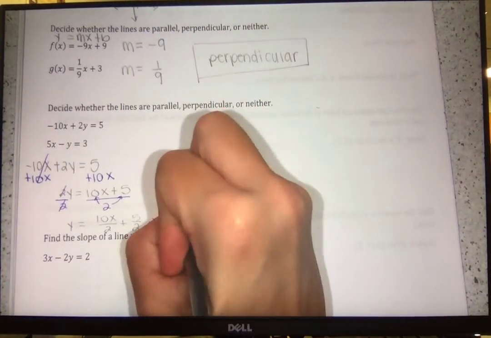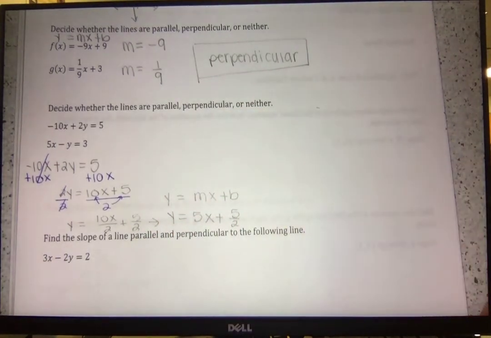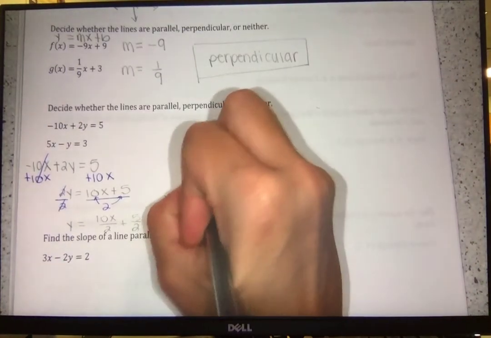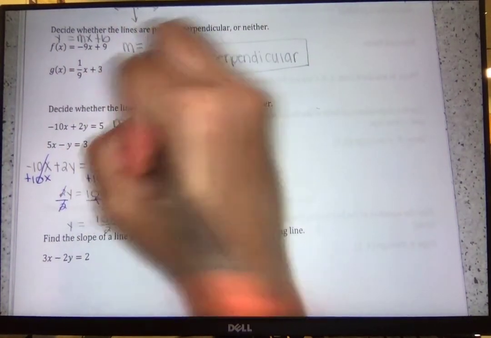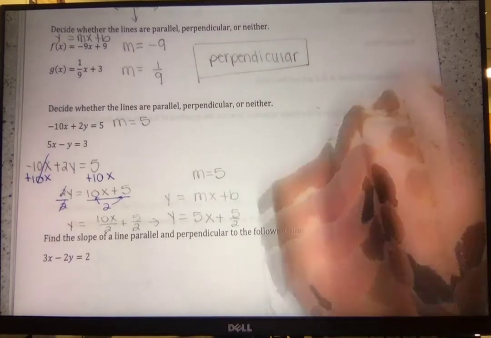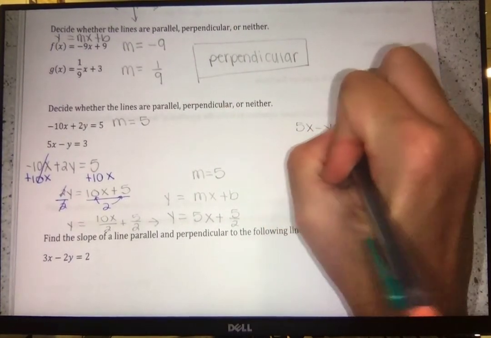We are left with negative y equals negative 5x plus 3. Last but not least, to get y by itself, divide by -1. We're dividing the left whole side by -1, so we're going to divide the right whole side by -1. So both terms get divided by -1.